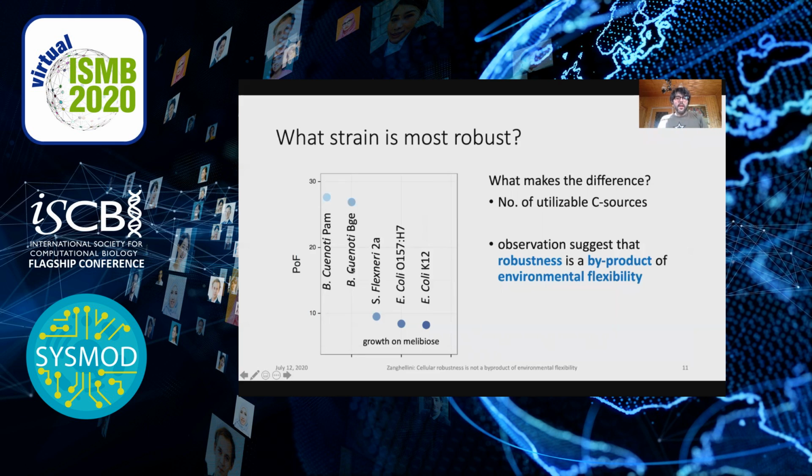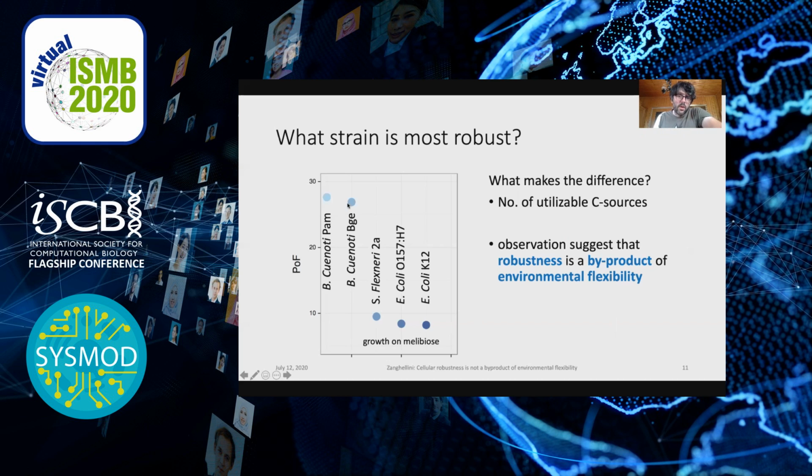We compared it against two other genome scale metabolic models, and these are two organisms, Pico and Hapti. These are two symbionts living in the stomach of cockroaches, and those are actually very fragile. So what is the difference between those five strains or these five organisms? It turns out one of the differences is the number of carbon sources they can utilize.